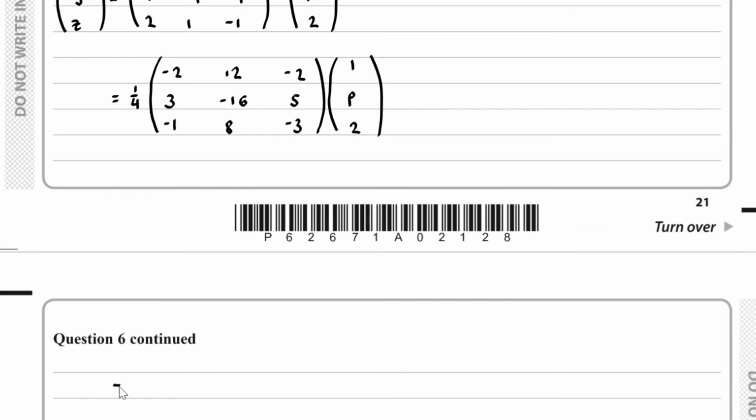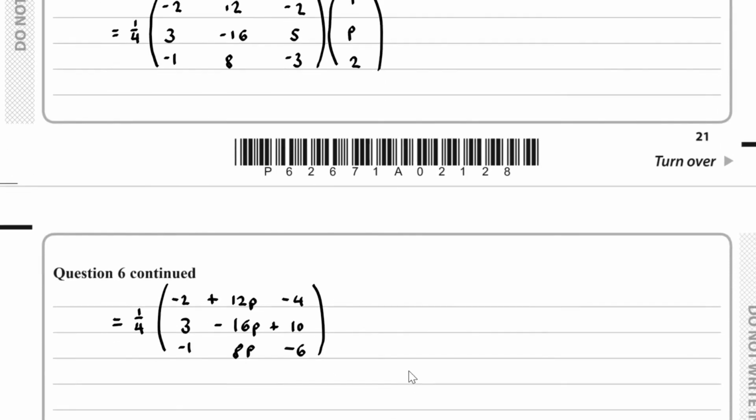So if we do that, we've got 1/4 lots of, well, here we've got minus 2 times by 1, so that's minus 2. Then we've got 12 times by p, so we add on 12p, and then we've got minus 2 times by 2, that's minus 4, and then we've got 3 times by 1, minus 16 times by p, 5 times by 2, and then we've got minus 1 times by 1, 8 times by p, minus 3 times by 2, that's minus 6.